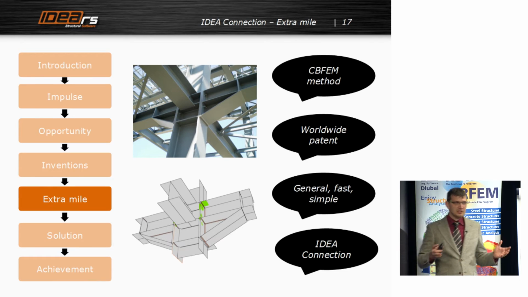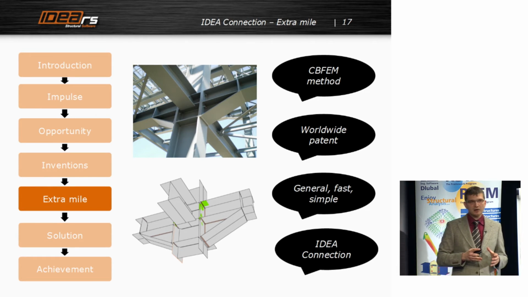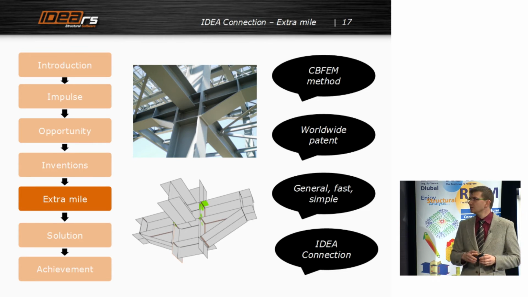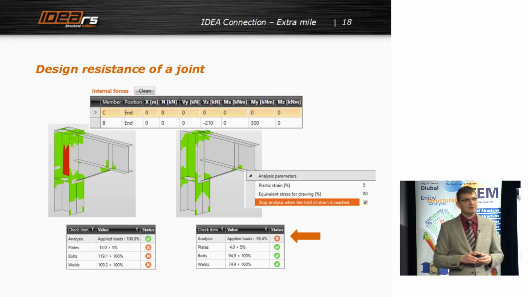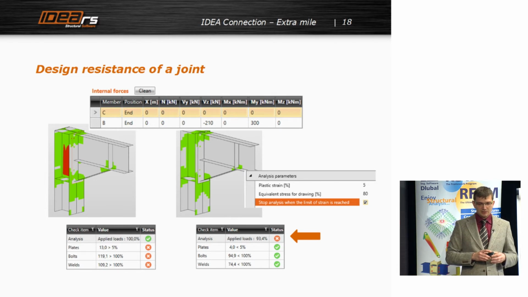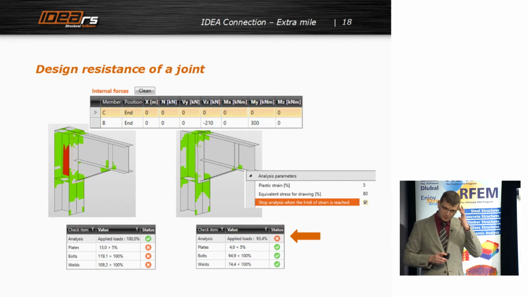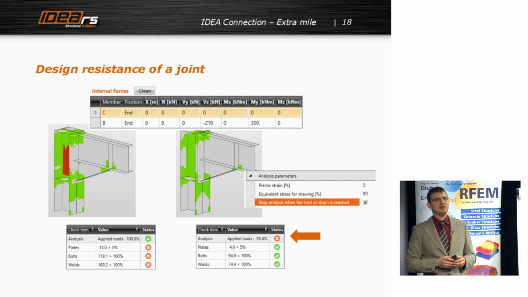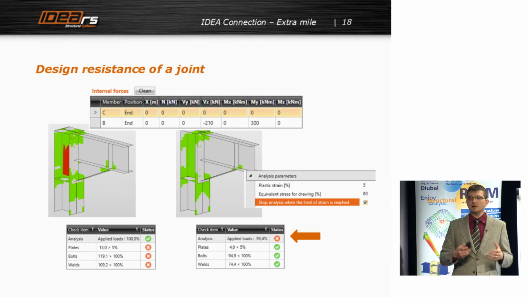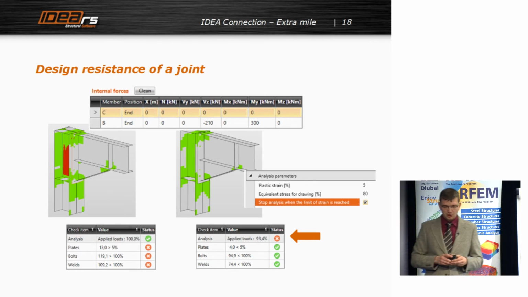When we have finished, let's say, the base part of the model, we have developed some additionals. We call it extra mile. The first of them is the design resistance of the joint. This is a nice feature which gives you the possibility of calculating the maximum value of the load which can be taken by the joint.